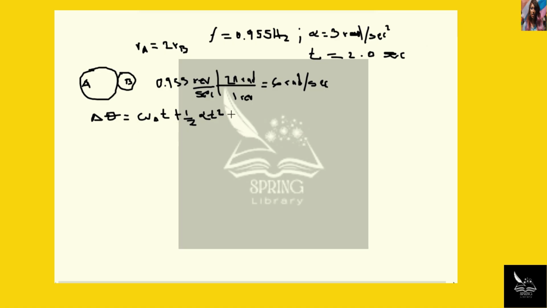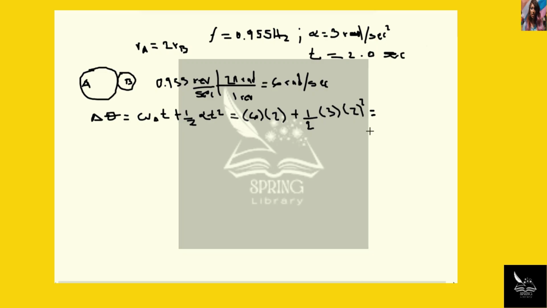If we substitute the values, this is going to be equal to 6 times 2 plus 1/2 times the angular acceleration 3, and time is 2 squared.